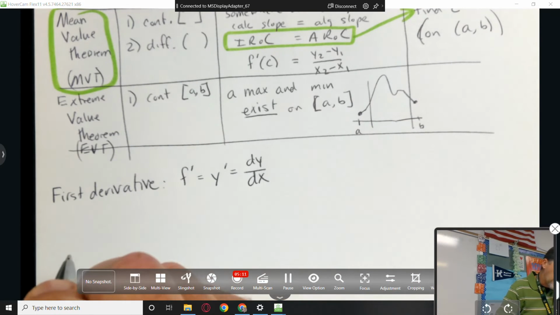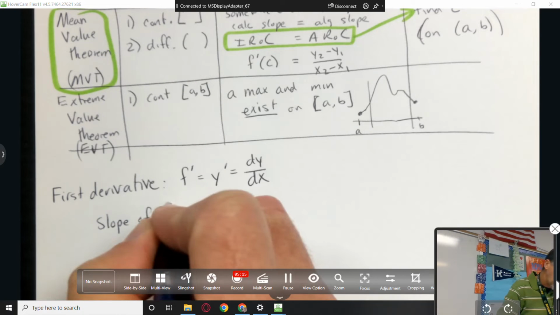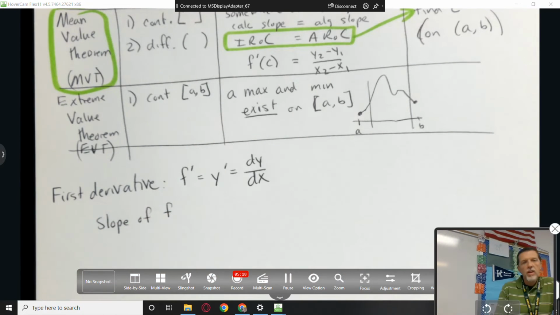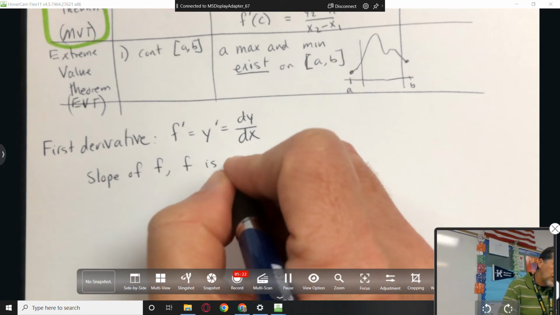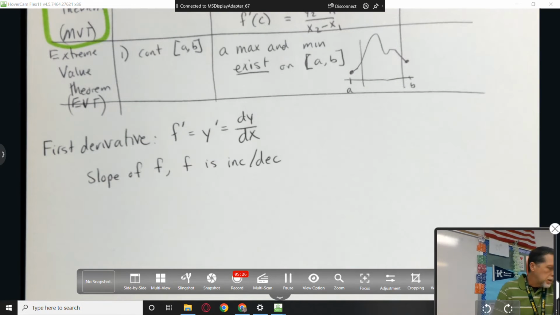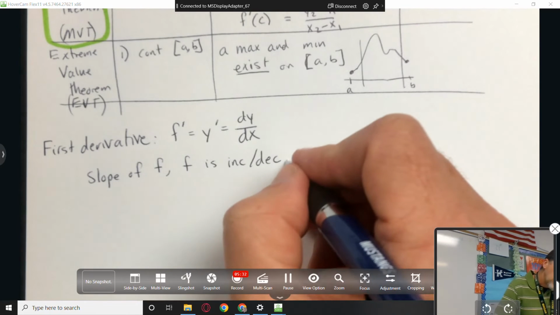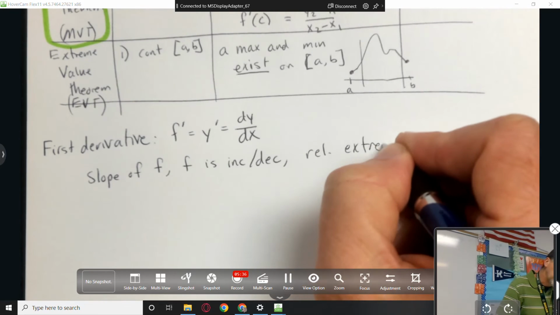Let's see, f prime tells you the slope of f, which tells you if f is increasing or decreasing, which means you can find relative extrema.